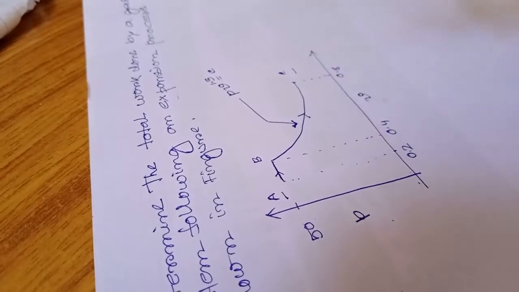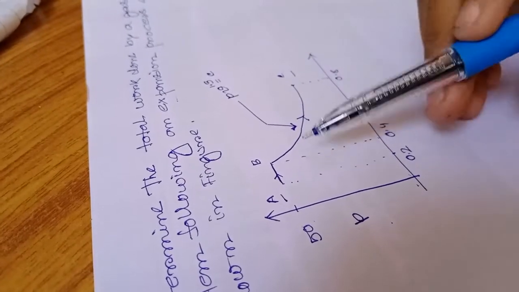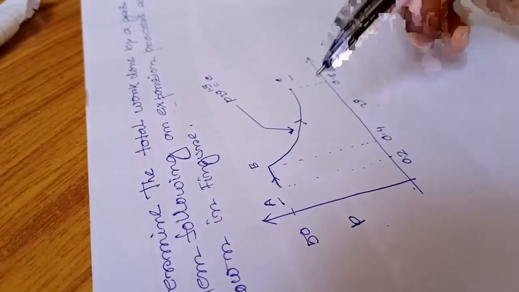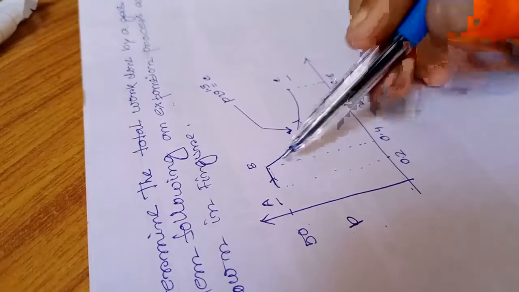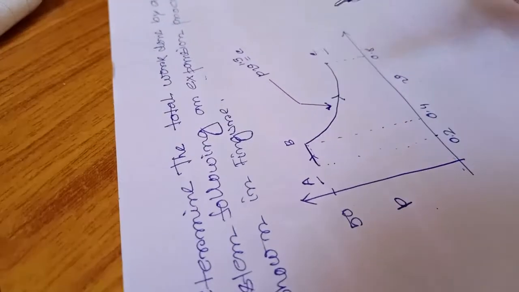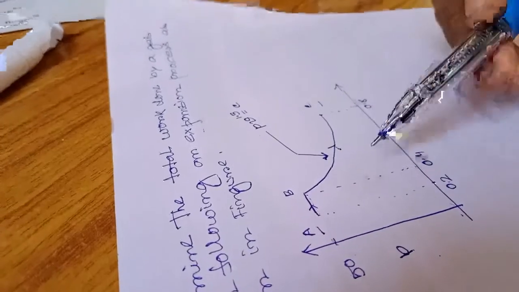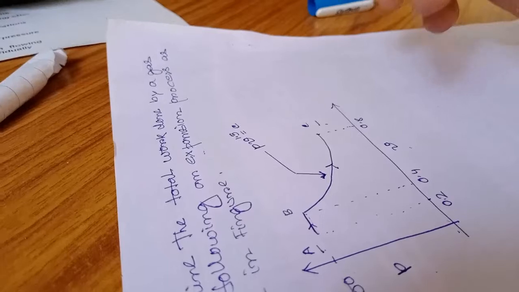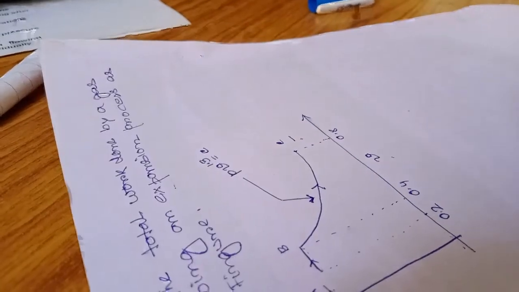Now we have to check how many processes are there. You can see here two processes: the first process A to B, then the second process B to C. We have to find out the work done for the process from A to C. So let us start.